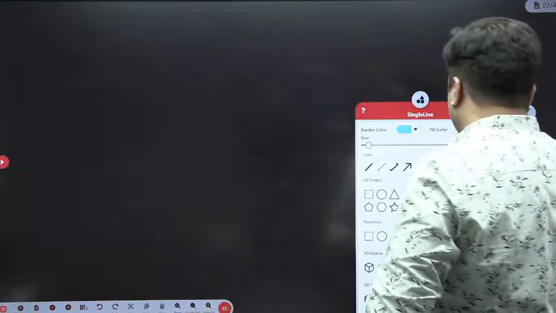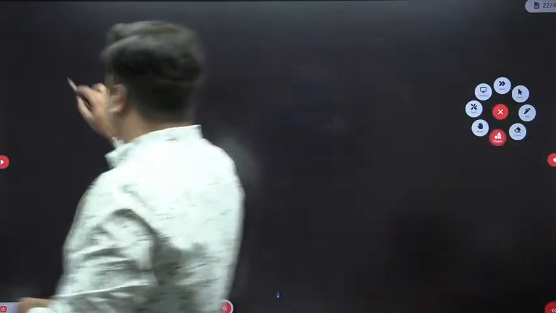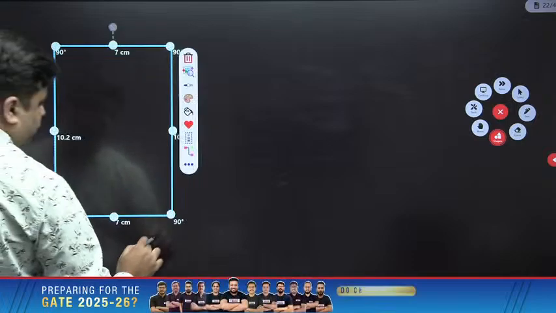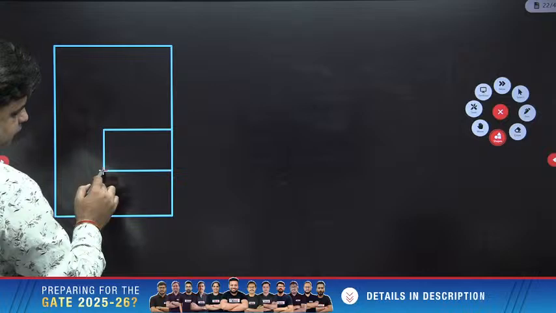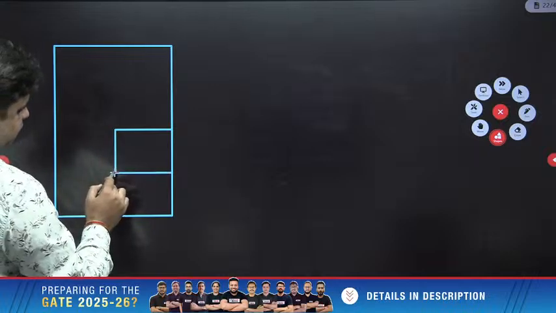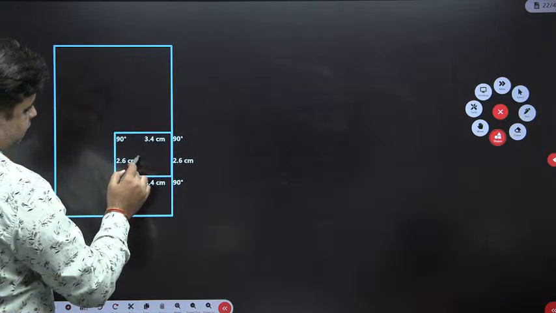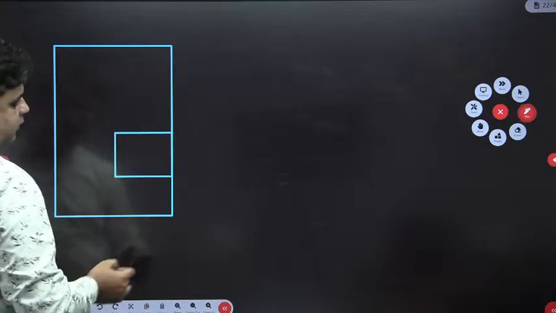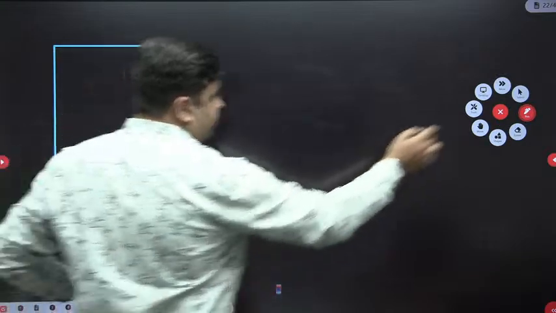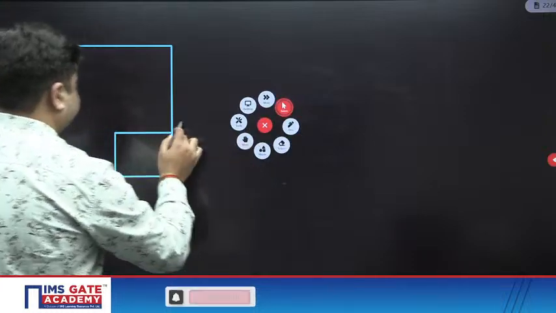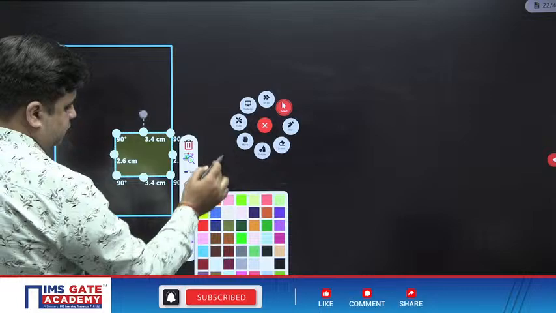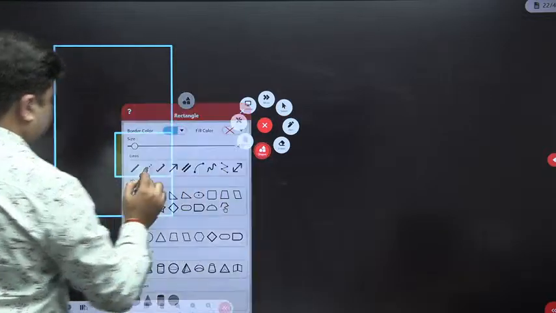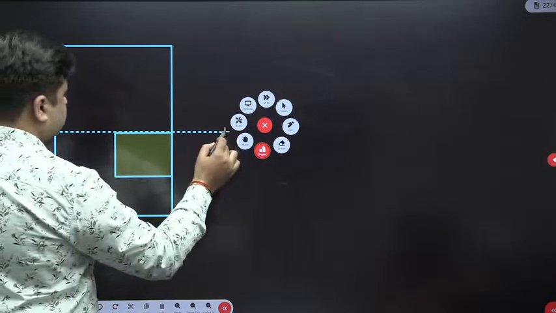So the concept is very simple. This is your cross section. For this cross section, this is your hashed area. So this will be the neutral axis.